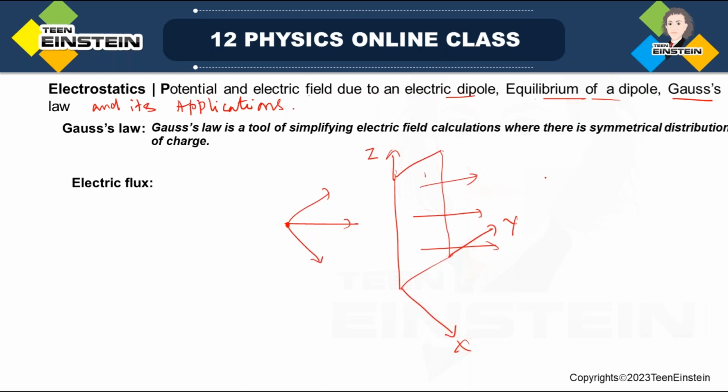Now, what is flux? Flux is the number of such field lines crossing a surface area which is kept perpendicular to the direction of the field lines. Let me write this definition.